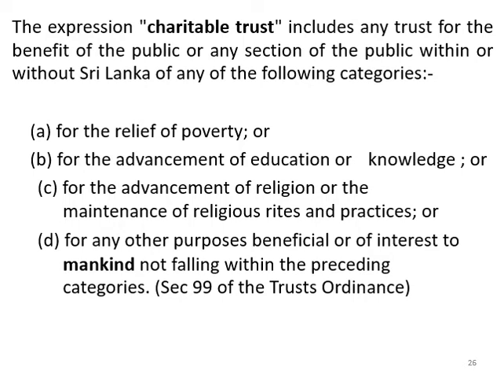The first one given here, the trust for the relief of poverty. It's very important that if a trust is created for relief of poverty, and also it is for the benefit of the public or a section of the general public, then it is known as a charitable trust.